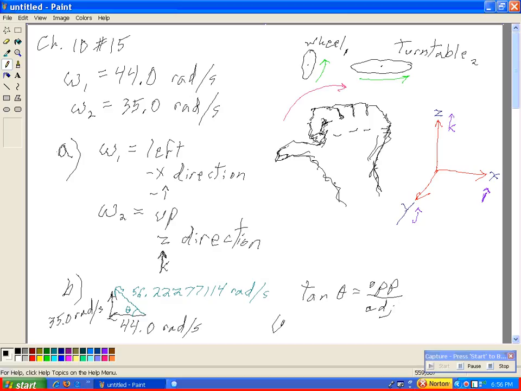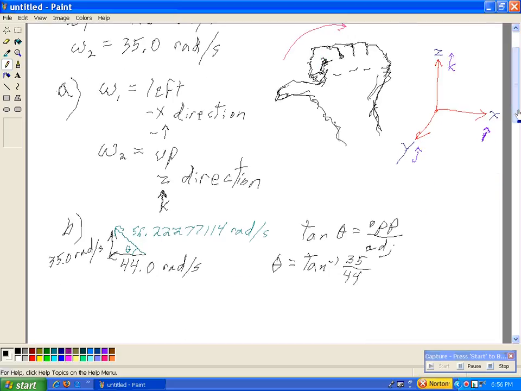So theta equals the inverse tangent of 5 over 44. The units cancel out. Make sure you're calculating in degrees, so keep your calculator in degrees.